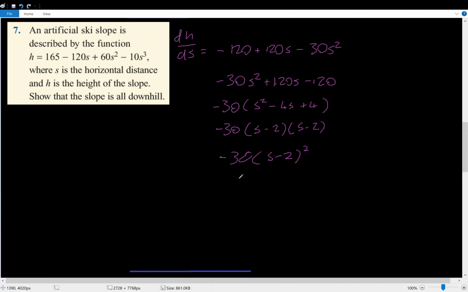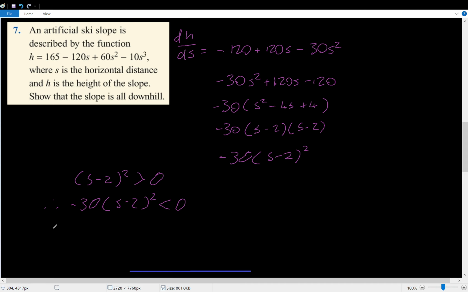And what we can say here is that s minus 2 all squared is definitely larger than or equal to 0, because if you square any expression or any number, you're going to get a number that is not negative. So we can say from that therefore minus 30 times s minus 2 all squared is going to be less than 0, because we've multiplied it by a negative number.